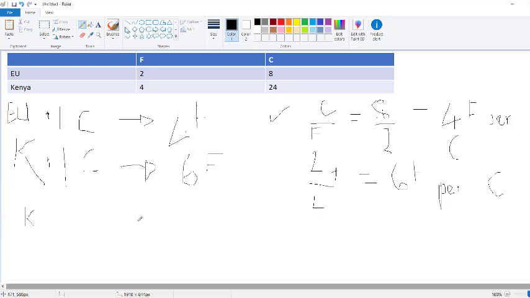For Kenya, in terms of food, the calculation is going to be food over chemicals, which is 4 over 24, which is equal to 1 over 6. So that's 1 over 6 chemicals you need to give up per 1 food produced.